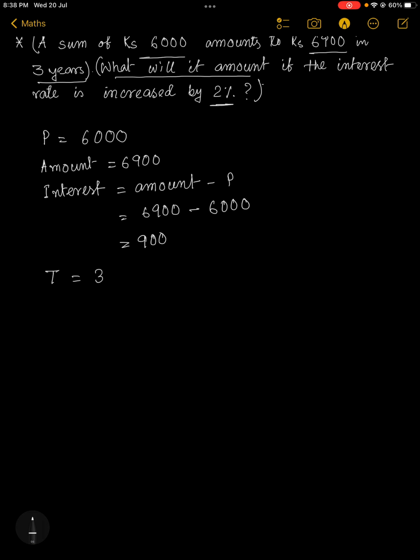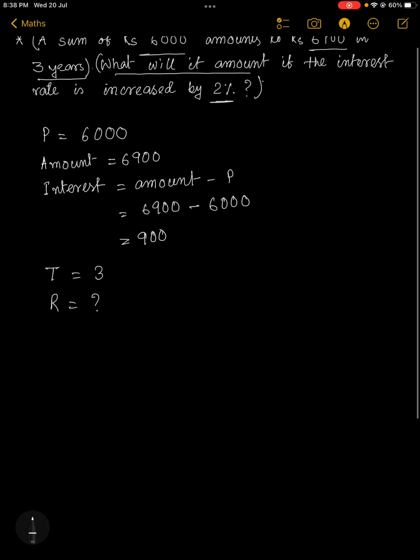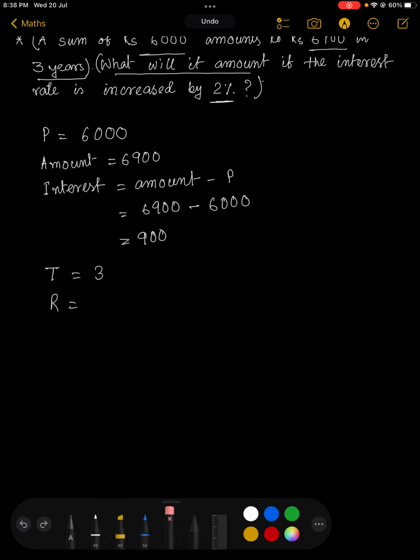Now the only thing not given is the rate of interest. R is not given, so let's suppose the value of R is X%.